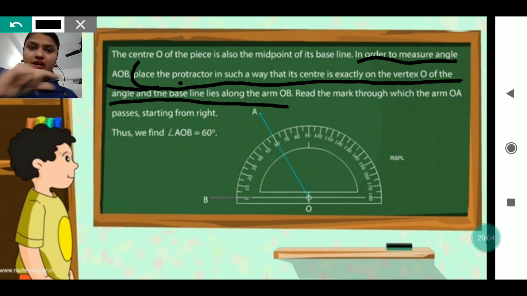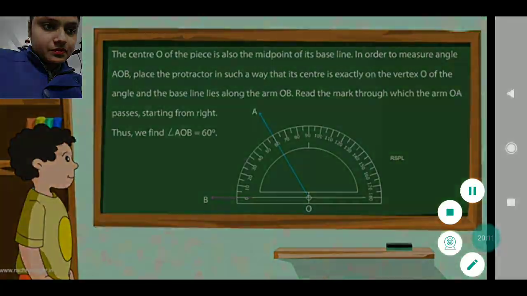The baseline should be along the arm and its center should be on O. Then you will get the exact measurement.